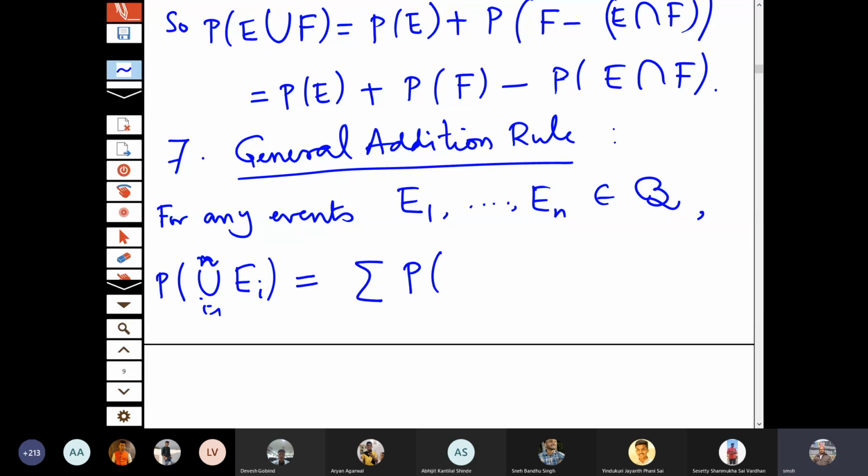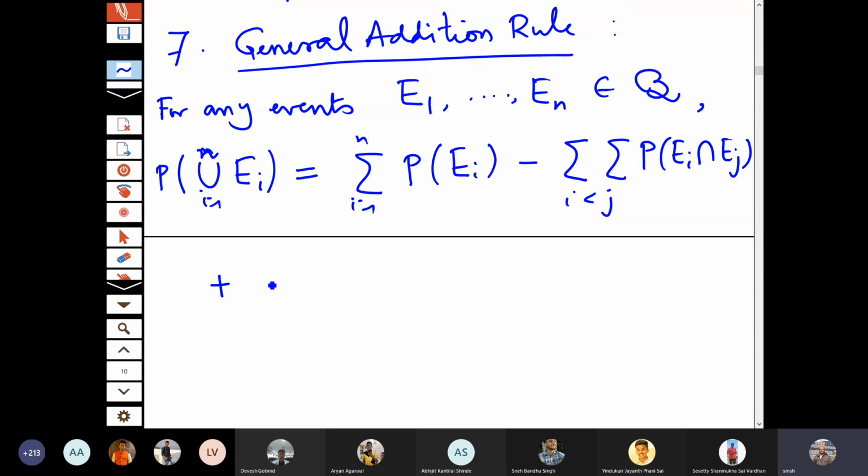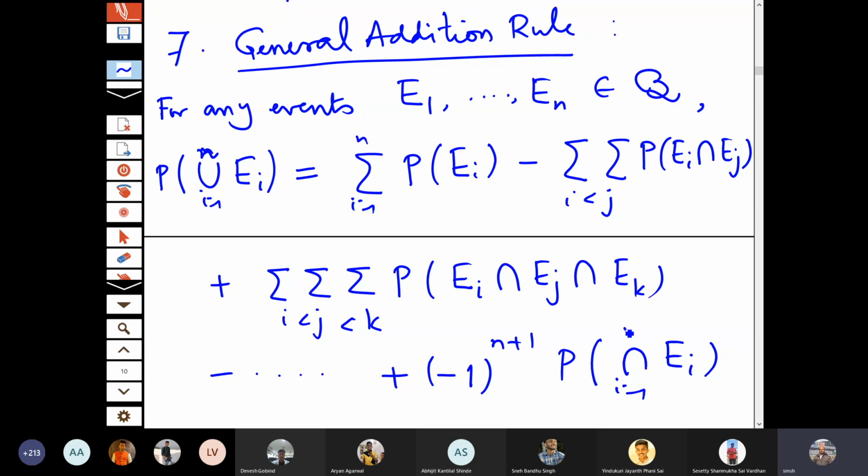It is the sum of probability of Ei, i equals 1 to n, minus the summation of probability of Ei intersection Ej, i less than j, plus the triple summation of probability of Ei intersection Ej intersection Ek, i less than j less than k, and so on, finally minus 1 to the power n plus 1 times probability of the intersection of Ei, i equals 1 to n. So it alternates plus and minus signs.